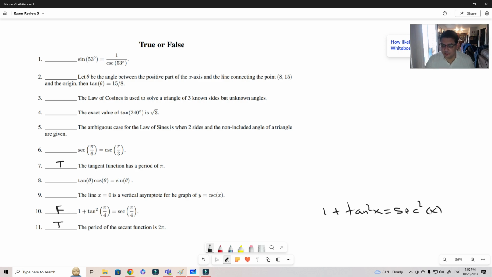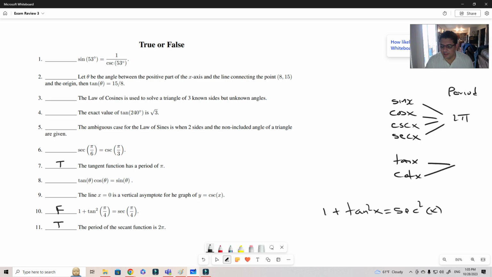As I was mentioning, sine of x, cosine of x, and their corresponding functions, cosecant of x, which is 1 over sine, and secant, which is 1 over cosine, all come from cosine and sine, so their period is going to be 2 pi. The only two functions that have a different period are tangent of x and cotangent of x, which have a period of pi.